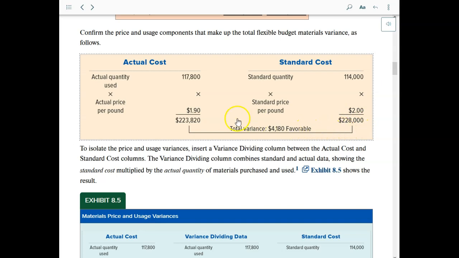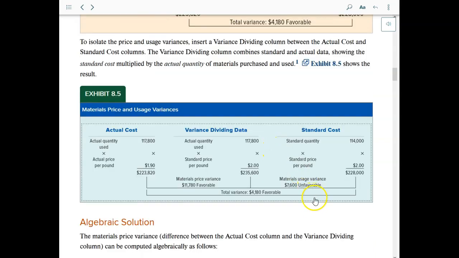So we ended up with actual cost less than the budgeted standard cost, favorable. Part of the difference is due to price. Part of the difference is due to quantity used. So let's take this 4,180 and split it out into two different variances. We do that right here.